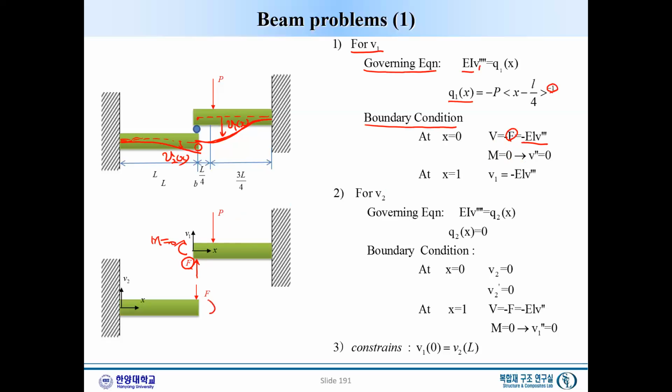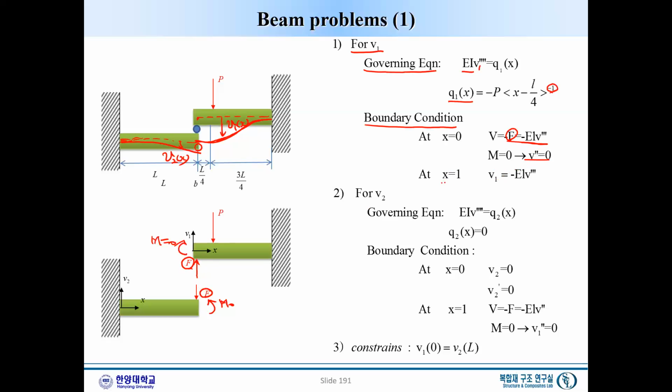And here also moment equals 0. But again, there we applied the force, and here another reaction force F is applied. Again, we don't know this F, but we consider it as a known value, and then we describe the boundary condition. So this is one boundary condition, and this is the second boundary condition.